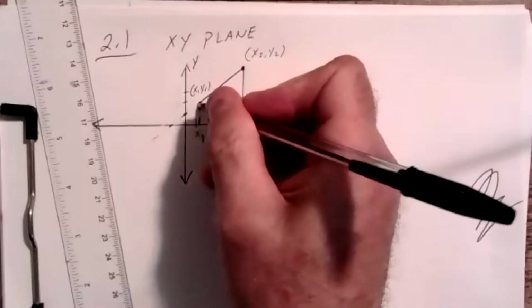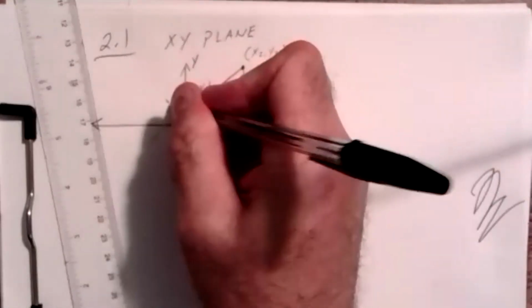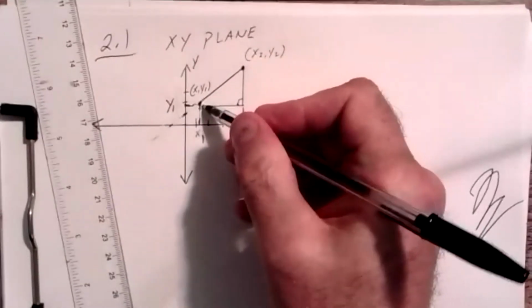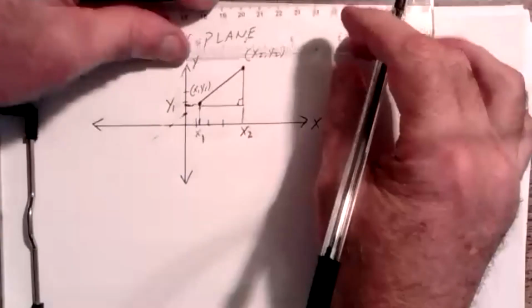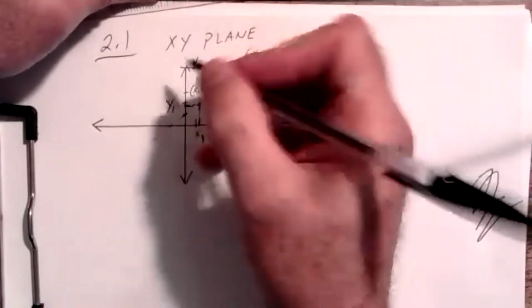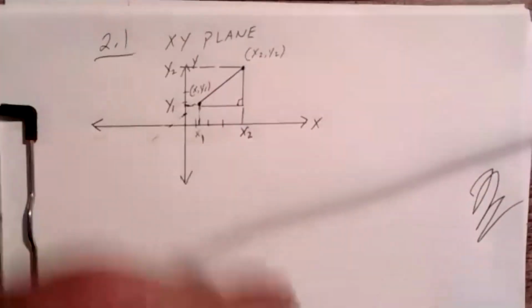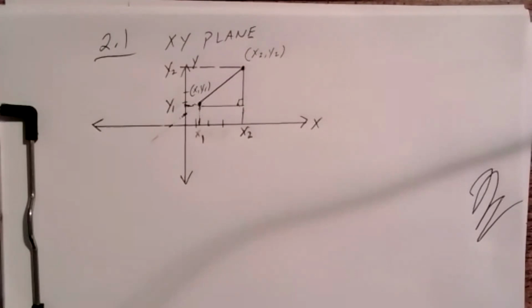If I project this point horizontally back to the y-axis, it would strike the y-axis at y sub 1, since that's the y-coordinate of this point. And projecting this point horizontally back to the y-axis, it would strike the y-axis here at y sub 2, because that's the y-coordinate of this point. Okay. We understand the picture so far.